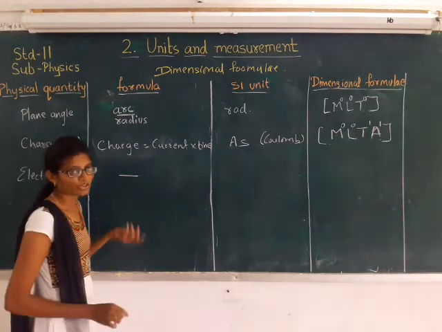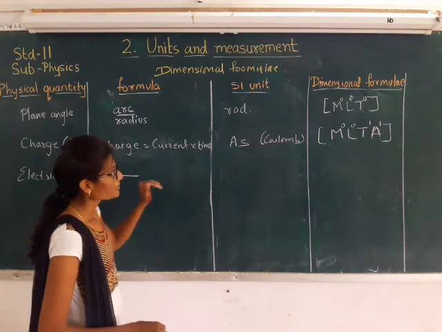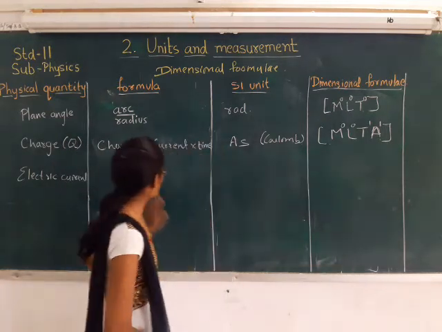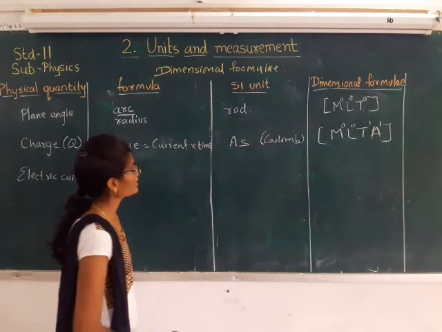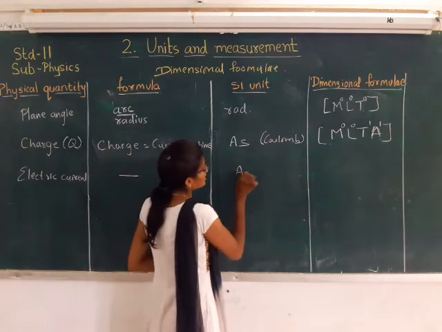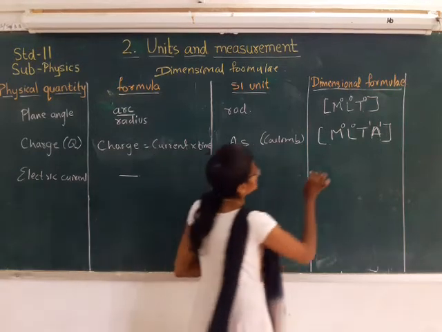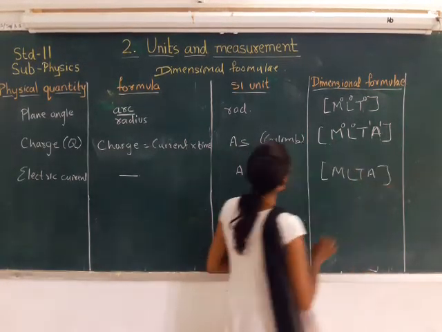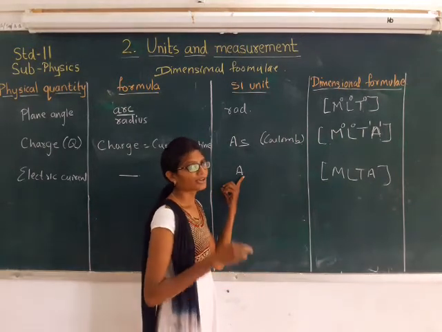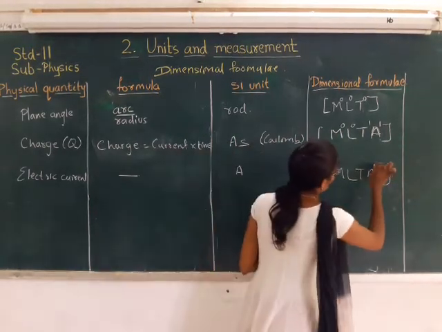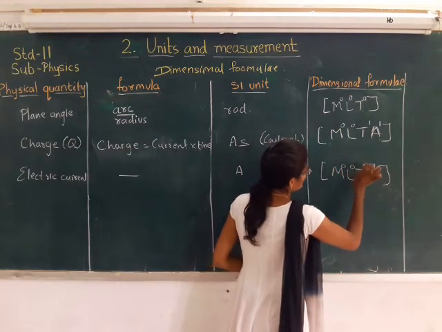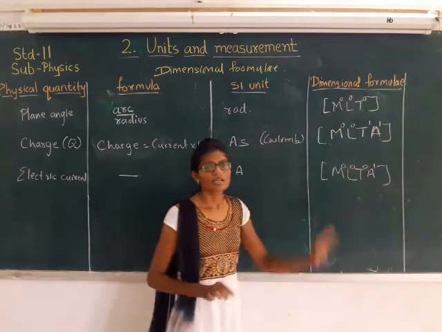We are not having any formula. You can write Q by T, but here we need to mention the dimensional formula in terms of A. So we are not going to write any formula of electric current. Its unit is ampere, right? So M L A. Here A, that is unit of electric current, power is 1, so I have written 1. We are not having mass, length and time, so their dimensions are 0.